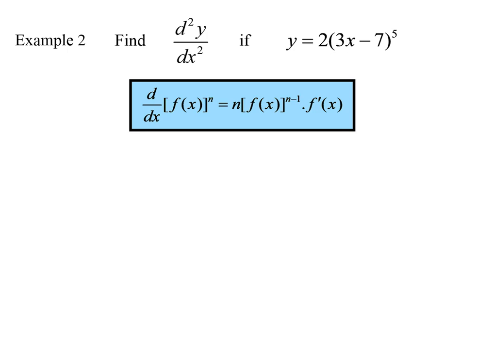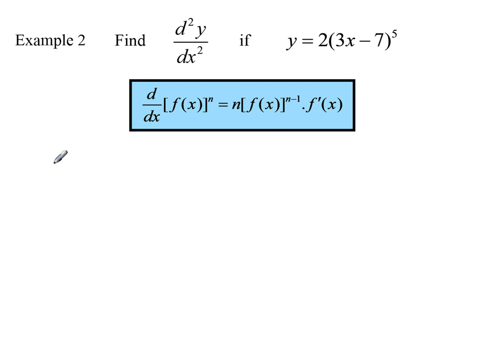So remember that if we are differentiating a bracket raised to a power of n, the derivative of f of x to the power of n is equal to n times f of x to the power of n minus 1 times the derivative of the function f of x, which is inside the bracket.